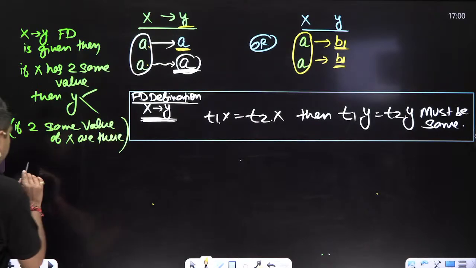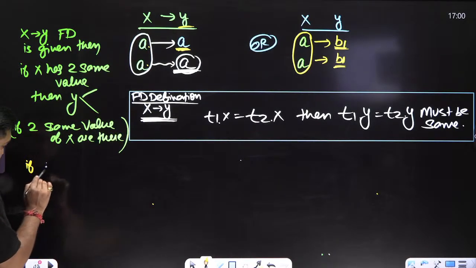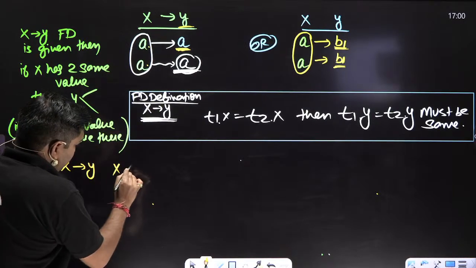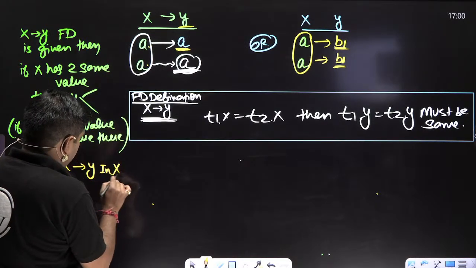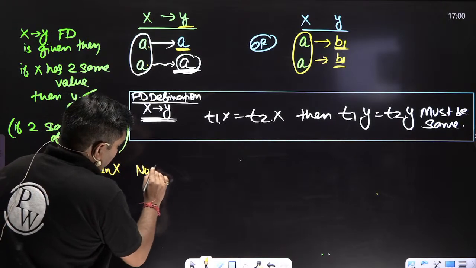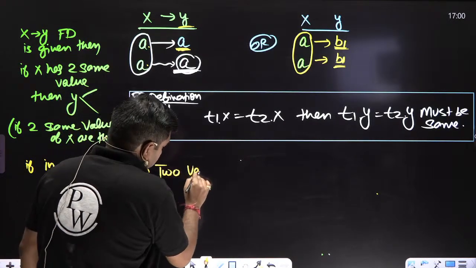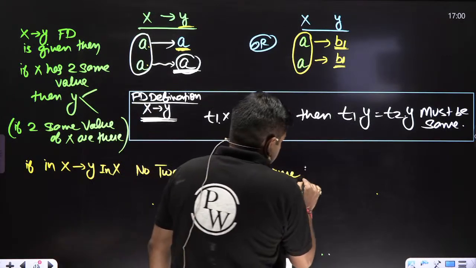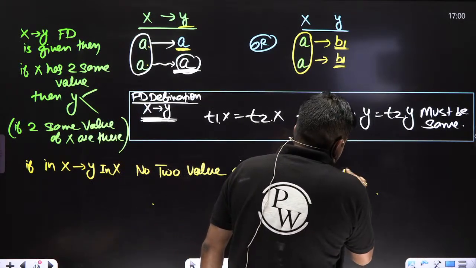Now, in X determines Y, if no two values of X are the same, then don't consider that FD.